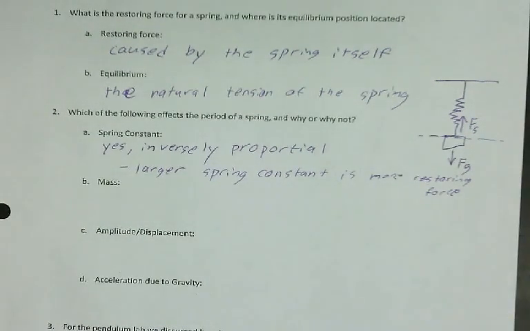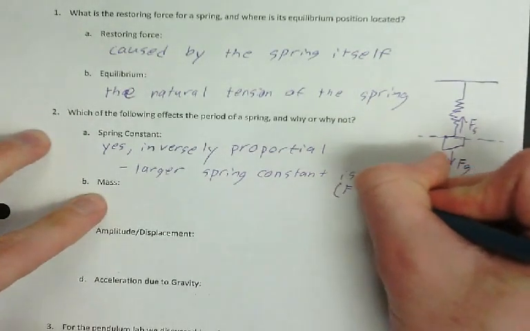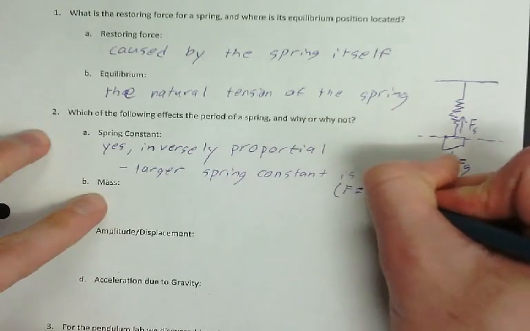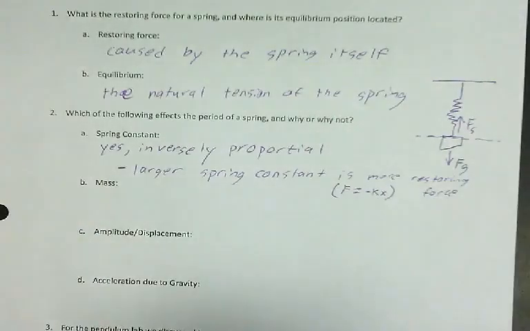The equation for that is just the F equals negative kx we've seen before. Obviously, if you make k bigger, you're going to make F bigger. If you make F bigger, it's going to move faster. So larger spring constant means smaller period. It'll take less time.